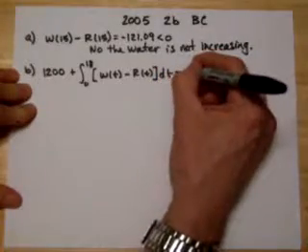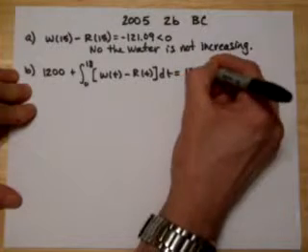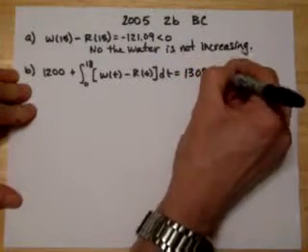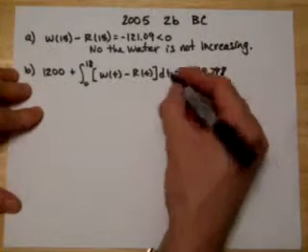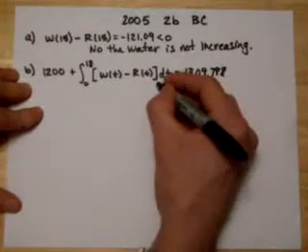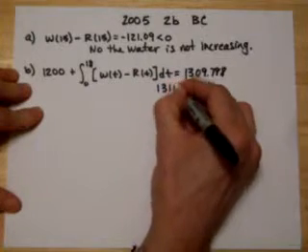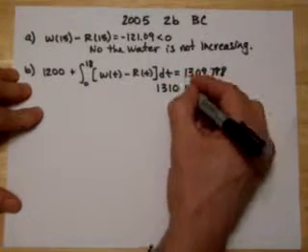And so plug that into your calculator and get, and it says to the nearest whole number, and so we get 1,310 gallons.